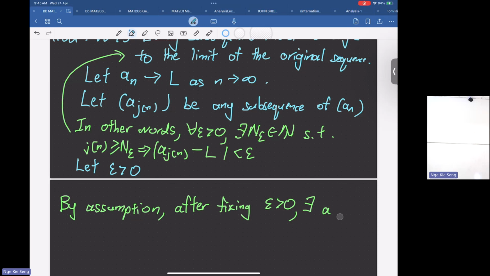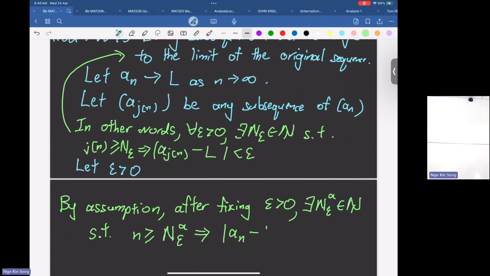Let's name this n here so that we don't confuse. Let's name this n for a. There exists a natural number n epsilon a, depending on an and epsilon, such that for every term beyond n epsilon a, we have that the absolute value of an minus L is less than epsilon. Okay, we have this.